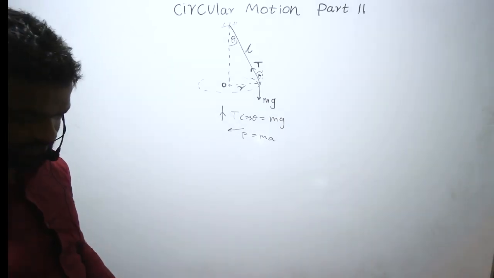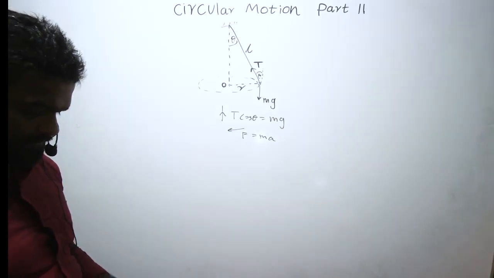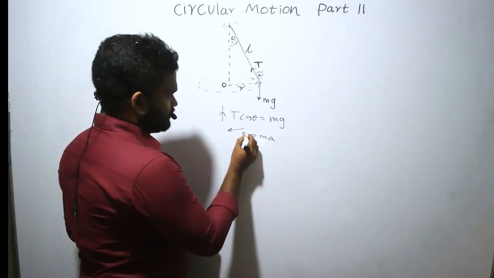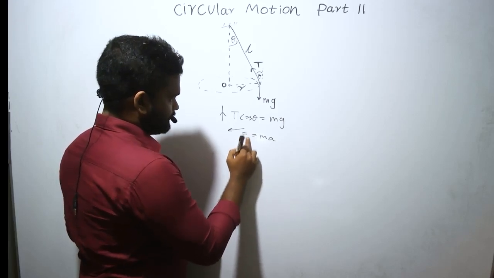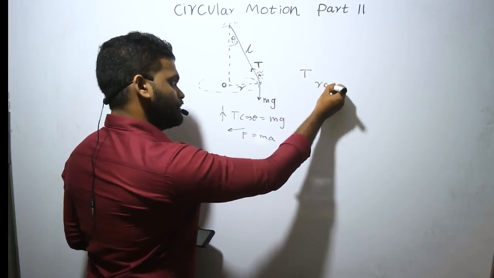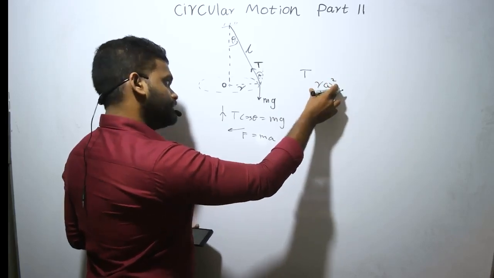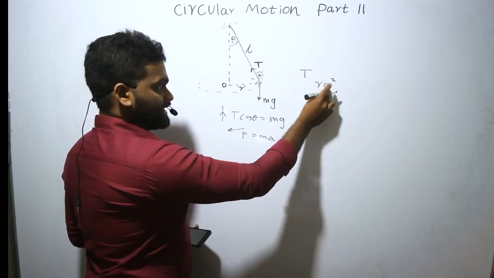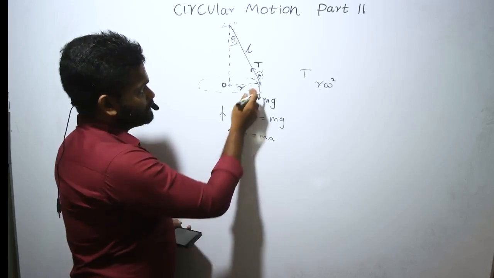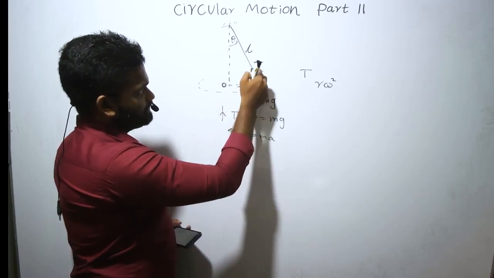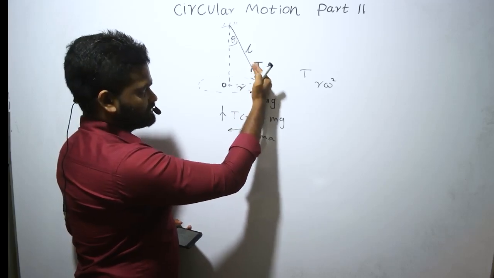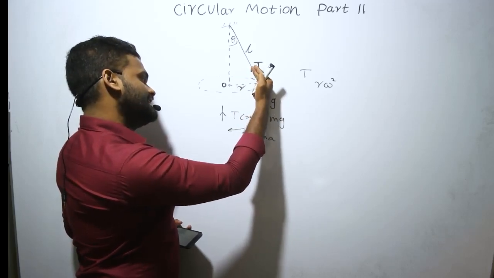Since they are talking about time period, I'll use r omega squared for the centripetal acceleration, right? First, see that. Okay, so to this side, what's the force? The component to this side is T cos theta. To the other side, it should be T sin theta, right?